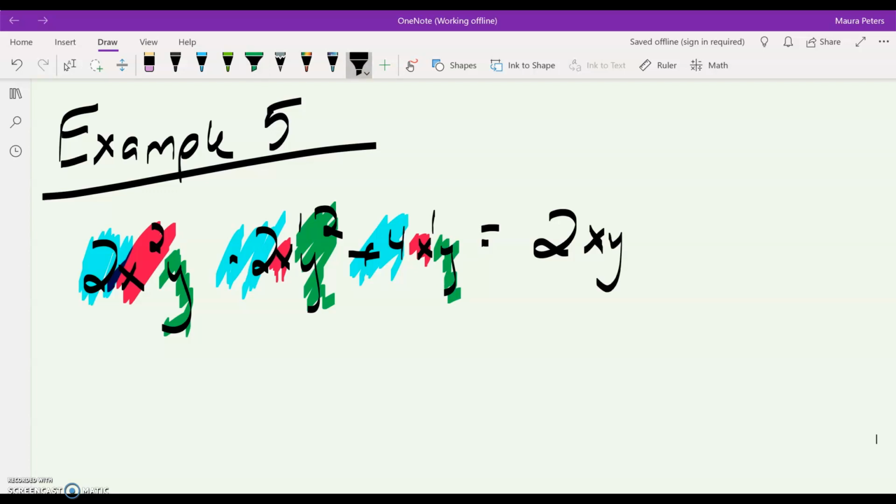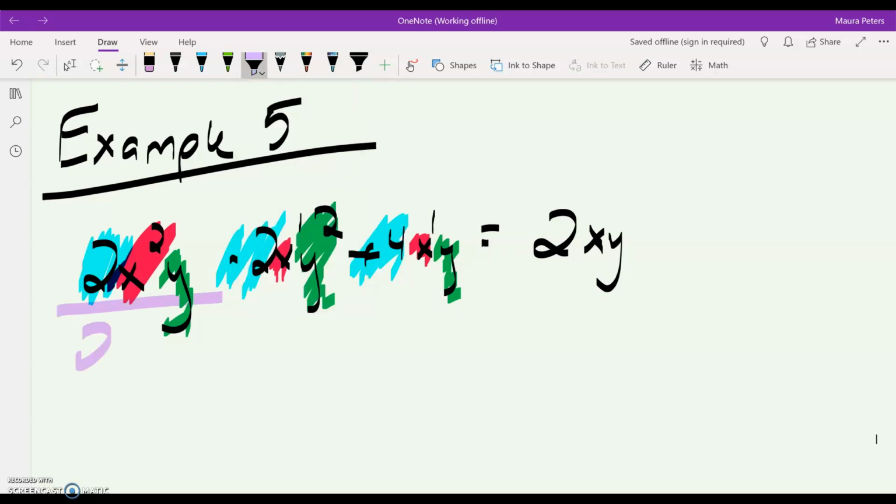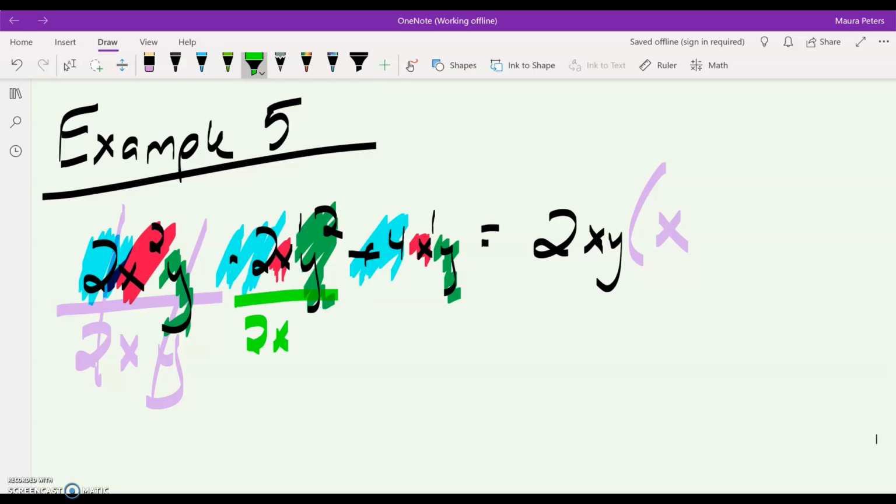Okay, and now I'm going to take this 2xy, and I'm going to divide everything by 2xy. 2 divided by 2 is 1, x squared over x just leaves me with 1x here, and y simplifies out. We're going to come over here and divide this by 2xy.